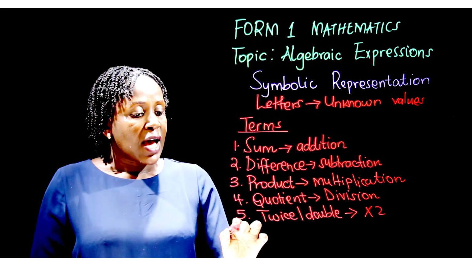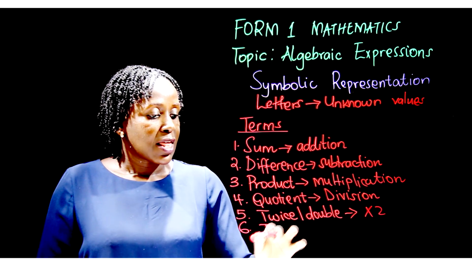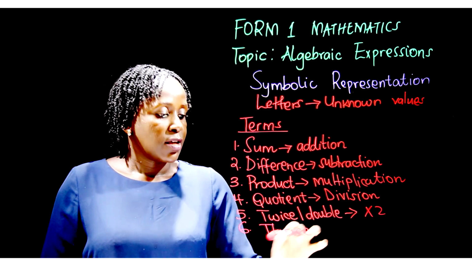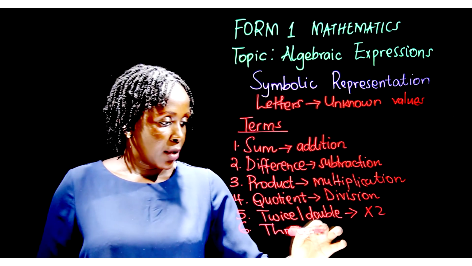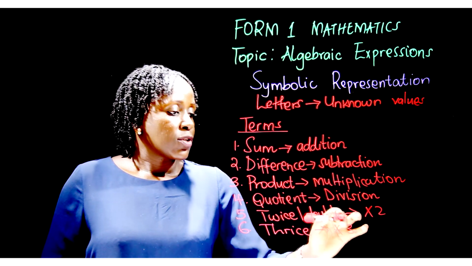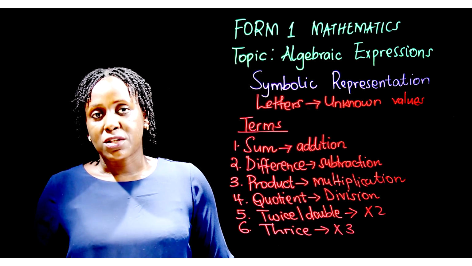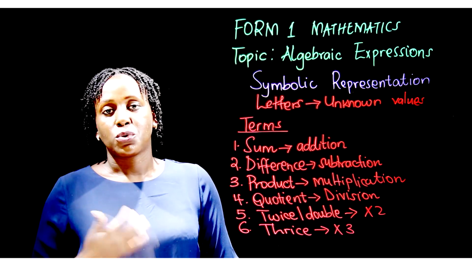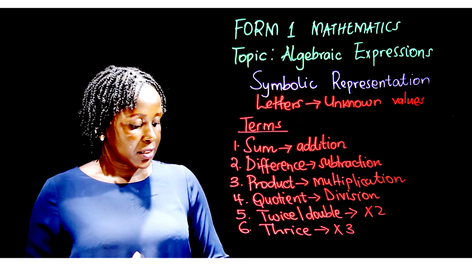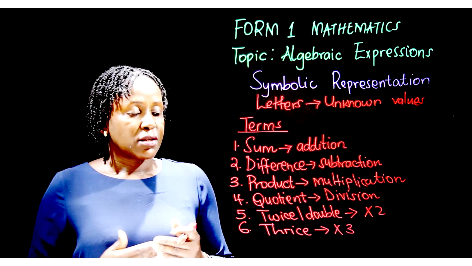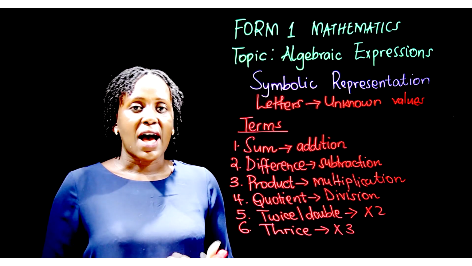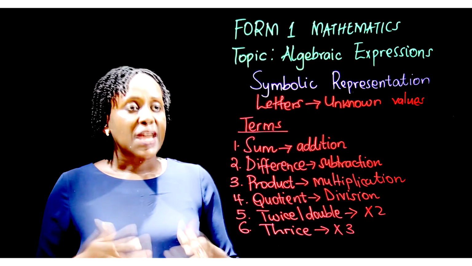Another term is thrice. Thrice represents times 3. So what is thrice of 20? 20 times 3, which is 60. For other numbers, it will be just stated as 4 times, 10 times.